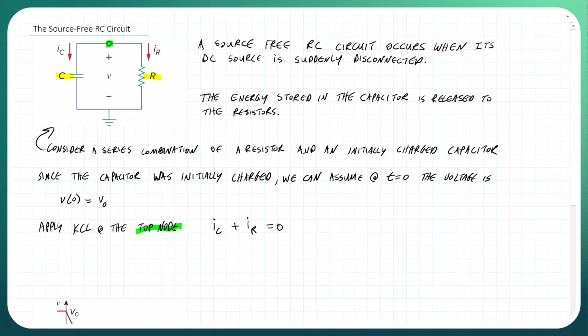Again, the current through the capacitor plus the current through the resistor equals 0. Or we can rewrite this as C dV/dt plus V over R equals 0. And this here is a first order differential equation.